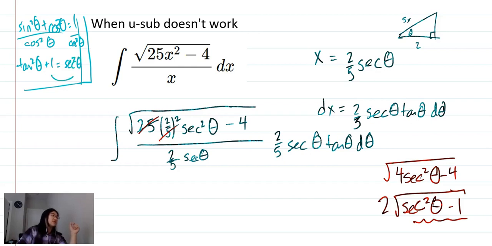And so if we move this 1 over, then we just get a 2 root tangent squared theta. And that's nice, because tangent squared theta and then the square root of that is going to give us tangent theta.